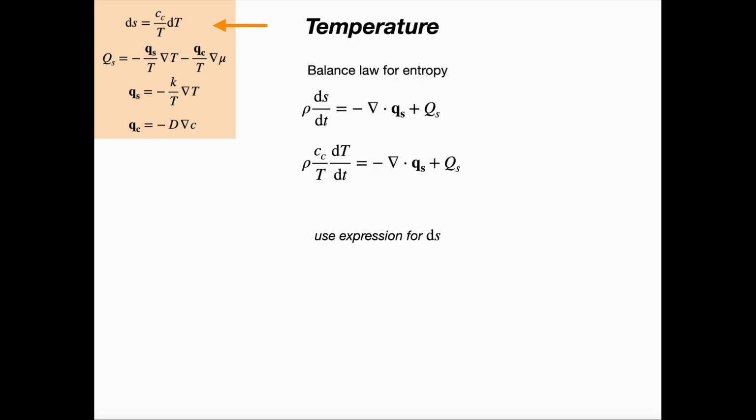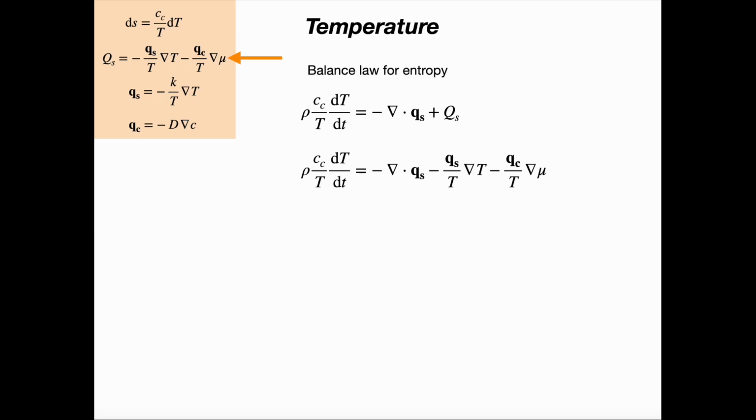So let's start by introducing the expression for dS as a function of dT. So rho dS/dt becomes rho Cc divided by T times dT/dt. That's the first step. Second, we're going to inject the expression for Qs. So we substitute Qs by the expression of the entropy production term.